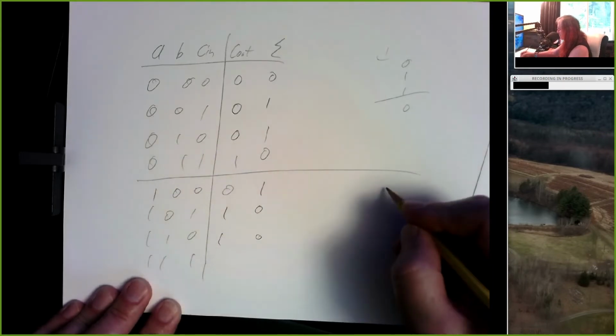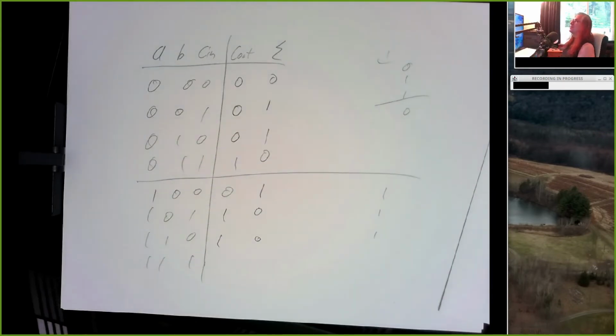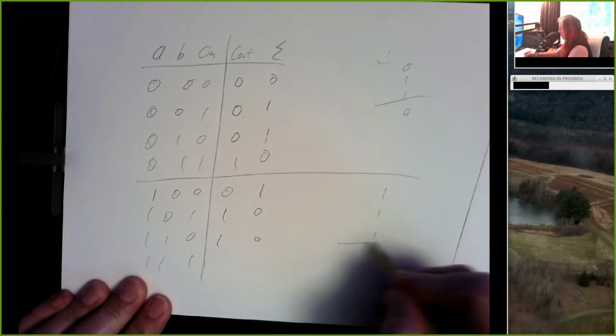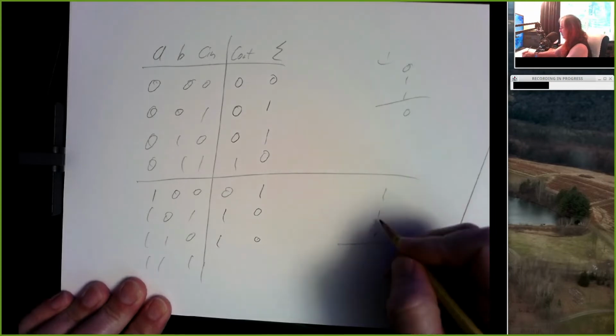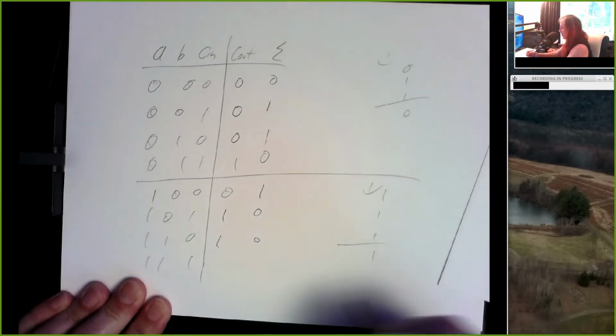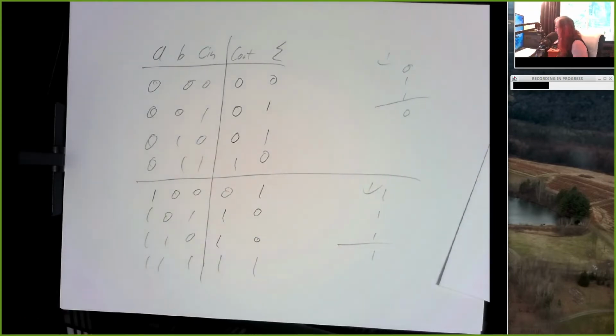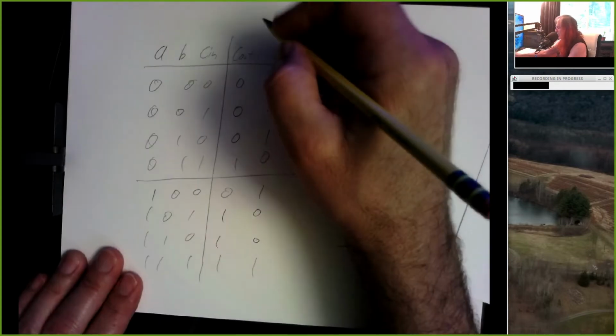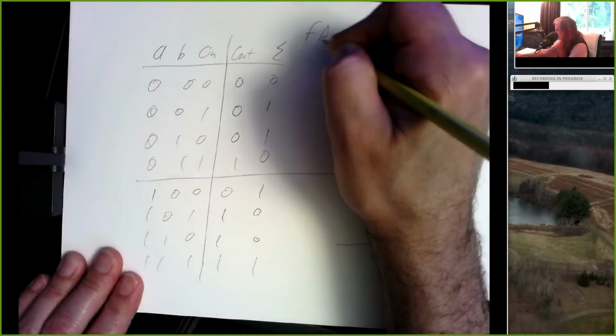And then our last one, if you're adding 3 1s together, what's the sum and carry here? Right, so 1 0 1, that's a 1 with a carry of 1. So this is our full adder truth table.